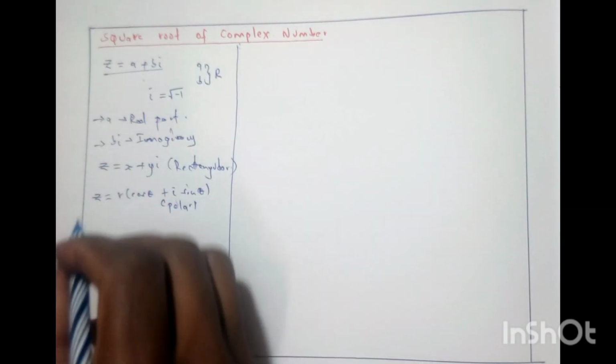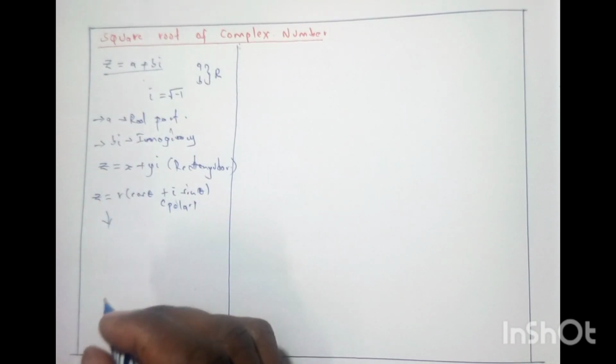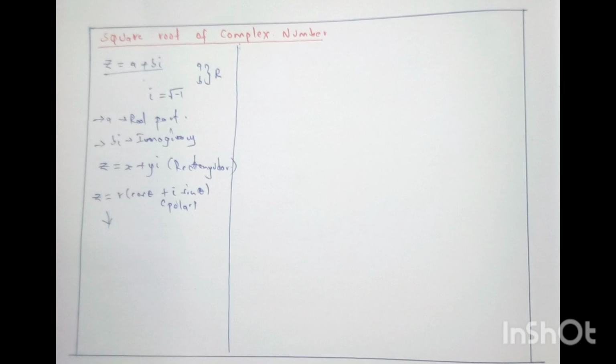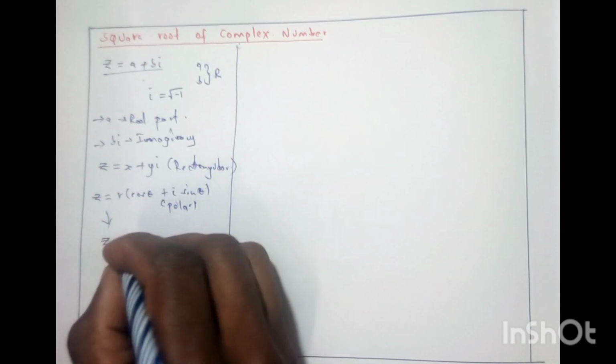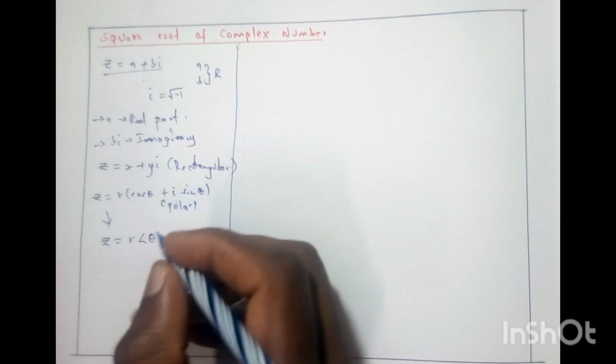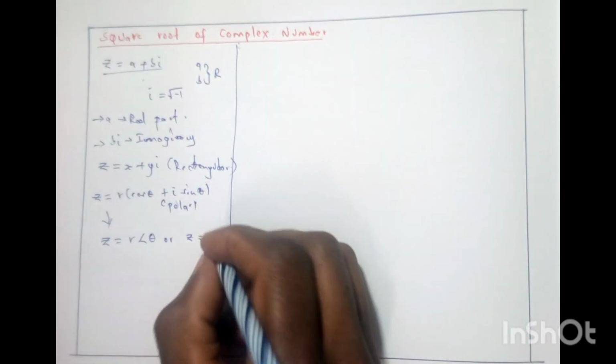In this case, we can as well represent a polar form of a complex number in an abbreviated form as r, angle theta, or sometimes as r theta.